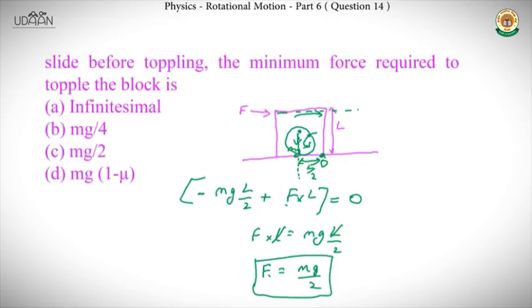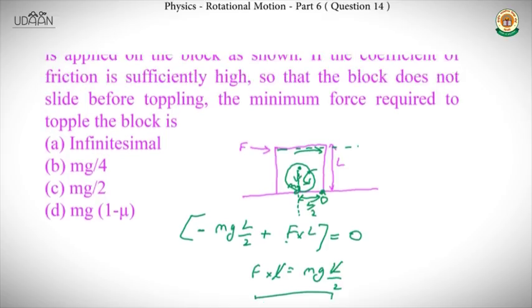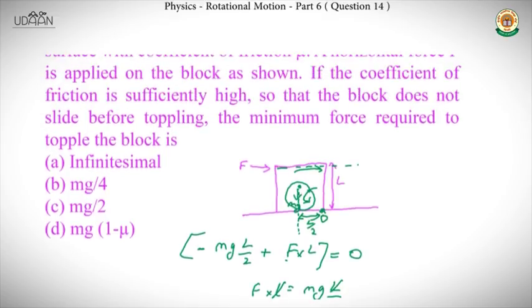We just need to understand the concepts of torque and force, basically. Here what we need to understand is the point about which the box will topple. Generally we take the moment of inertia and everything about the center of mass. However, here we could see in the question that the block is going to topple about point O under this situation.